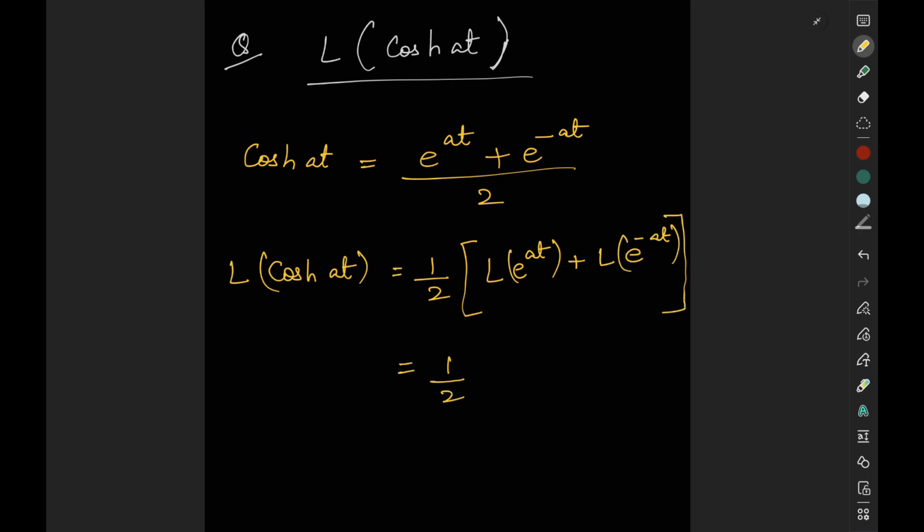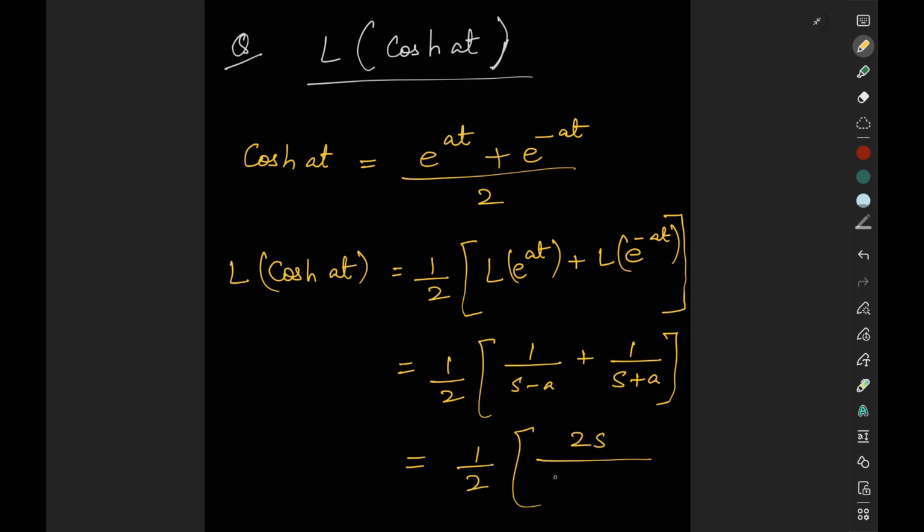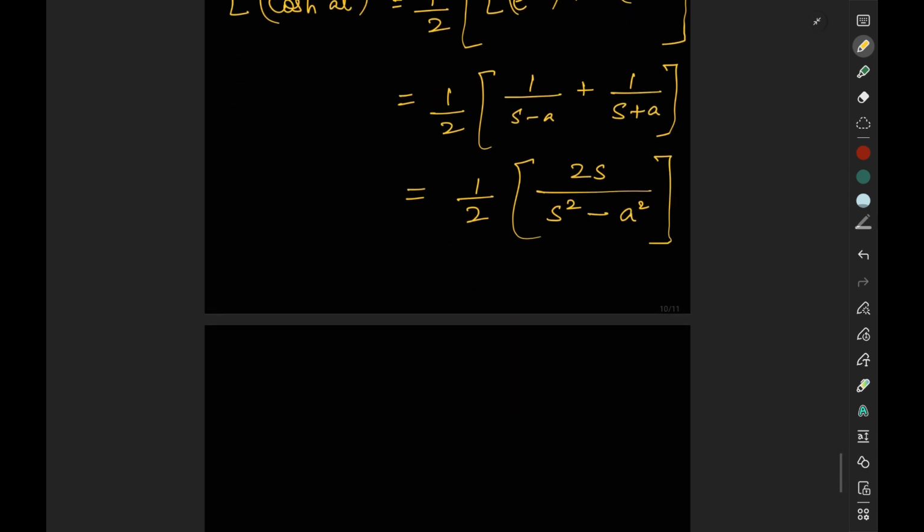That is 1 by 2 times 1 by s minus a plus 1 by s plus a. This will become 1 by 2 times 2s upon s square minus a square. This is equal to s upon s square minus a square.